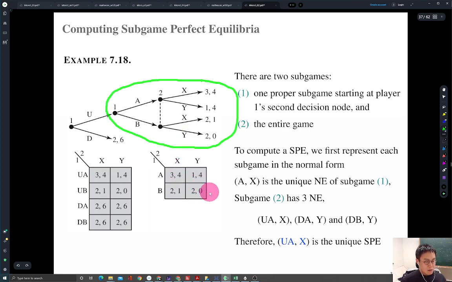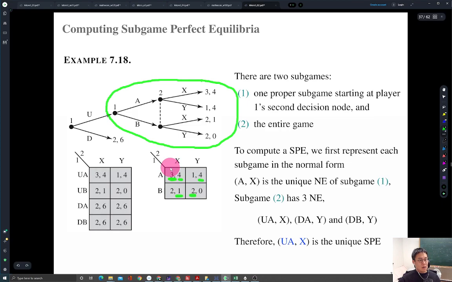All right. So in this subgame, if we think about Nash equilibrium play, player 1's best response is to choose A to X and choose B to Y. And for player 2, to A, X and Y are both best responses, but to B, X is a unique best response.